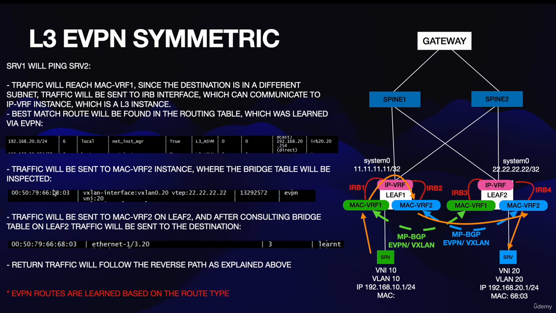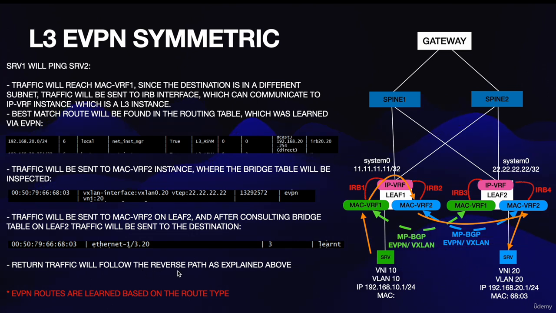And as you can see, this is the bridge table entry found on leaf 1. As the traffic arrives at leaf 2 on MAC-VRF 2, the bridge table of MAC-VRF 2 will be consulted and will find an entry which matches the server in VNI 20.